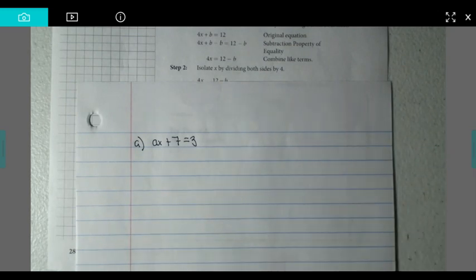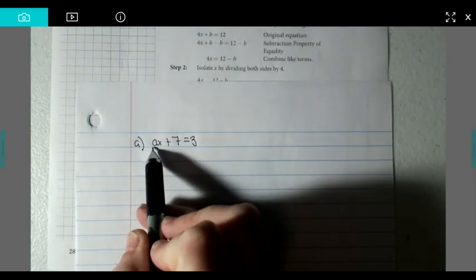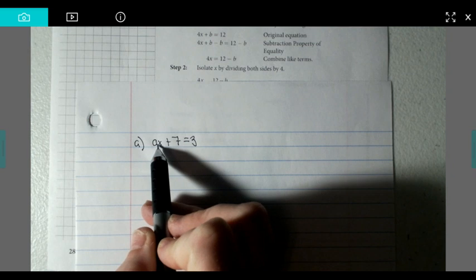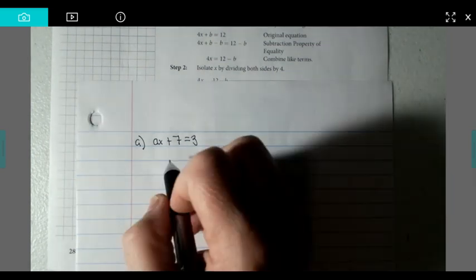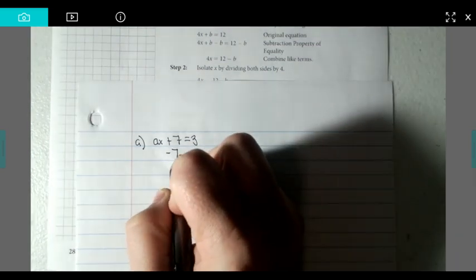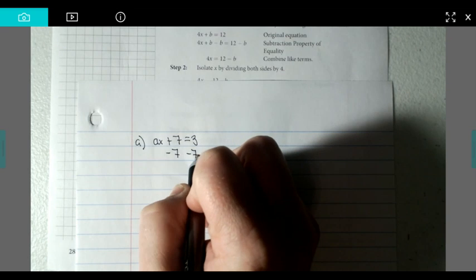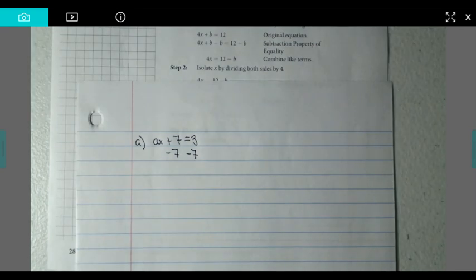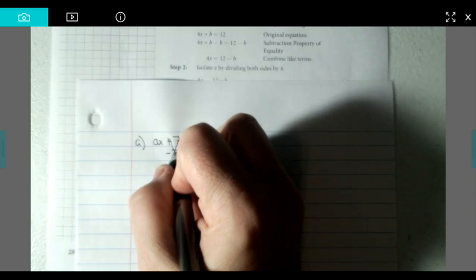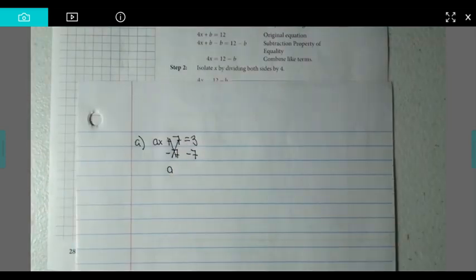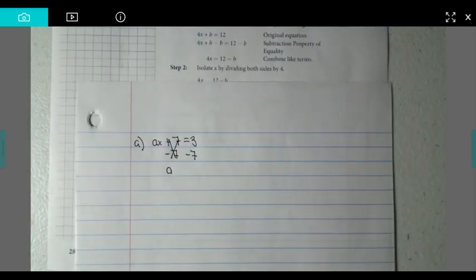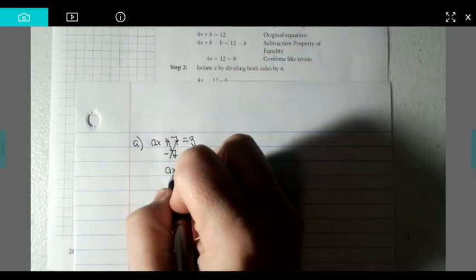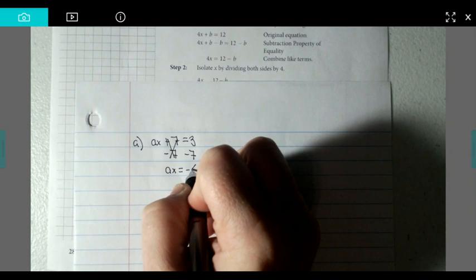So the first thing we want to do is isolate the term that contains the x. Well, the x is attached to this a. So I want to isolate that term, and to do that, we're going to use the subtraction property of equality and subtract 7 from both sides. Ax equals negative 4.